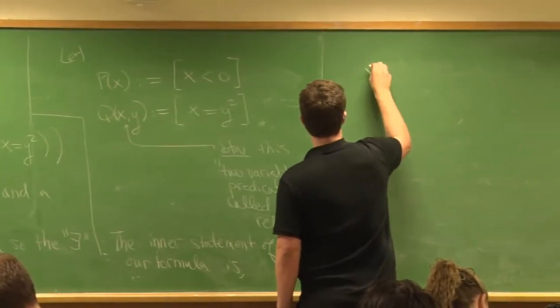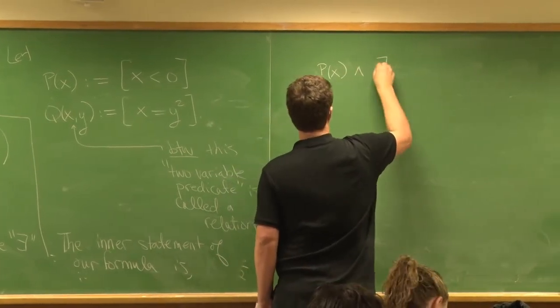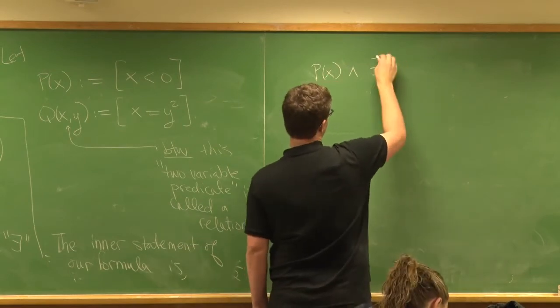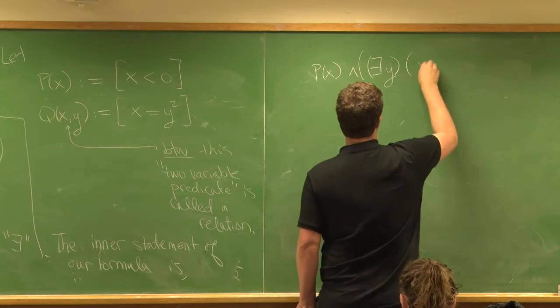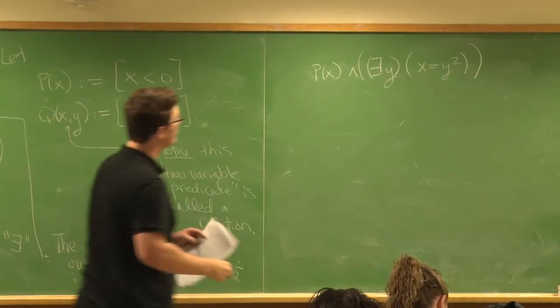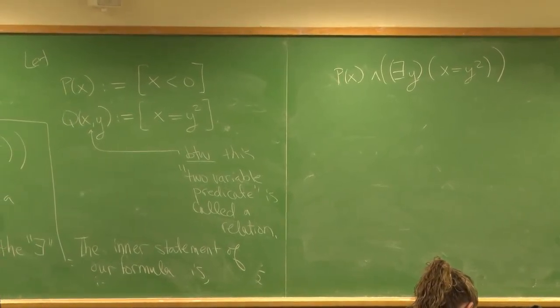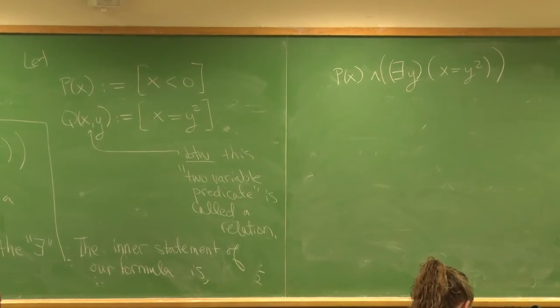It says p of x, and there exists a y. I'm just going to omit the universe here. I could do y an element of Z, but I'm going to take it to be understood, such that x is equal to y squared. Okay. So that's what we have for the inner part of this without the outside quantifier. So this is with a free variable x instead of a bound variable x.